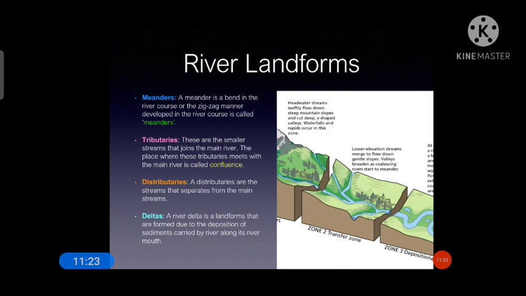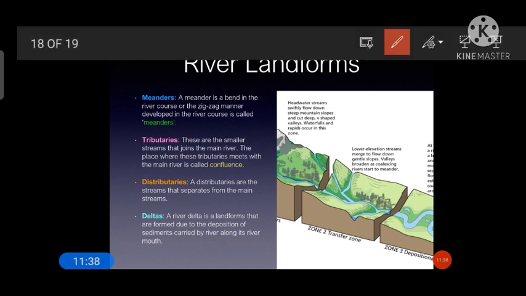Okay, now moving on to the next one, that is river landforms. Now what type of landforms are formed by the rivers? Basically we'll discuss only the minor landforms that are developed by the rivers. The first is meanders, a kind of landform developed by the running waters, streams. Meanders are snake-like bends, or you can say a zigzag pattern.